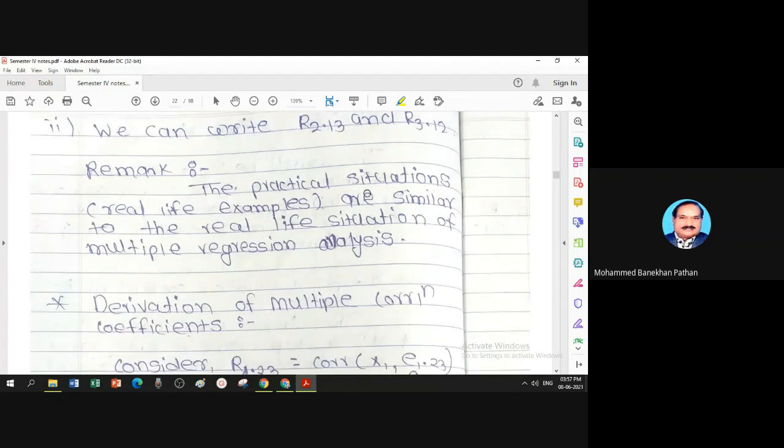Remark: the practical situations, the real life examples, are similar to those of multiple regression analysis. So the examples which I had cited under multiple regression, the same examples you can put for multiple correlation.